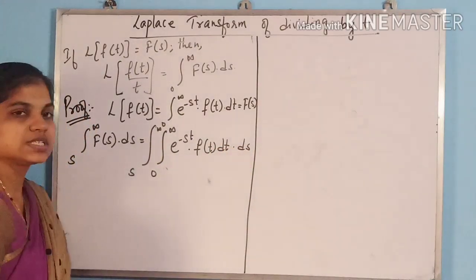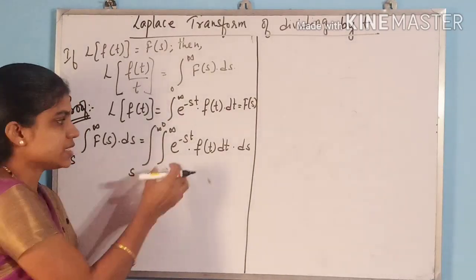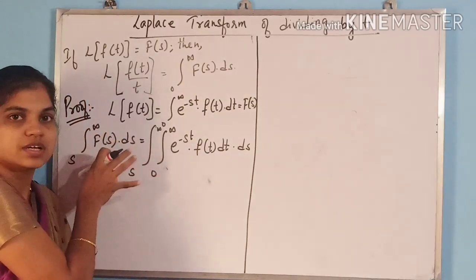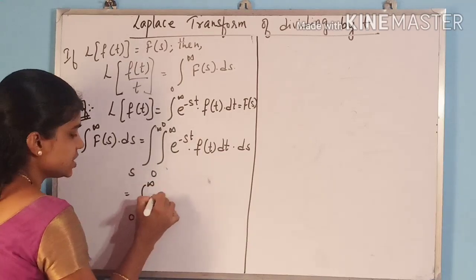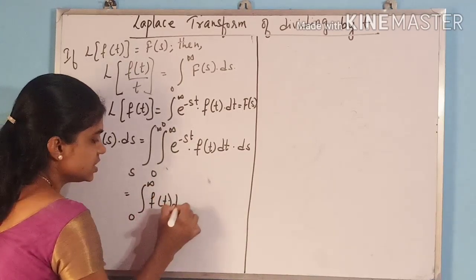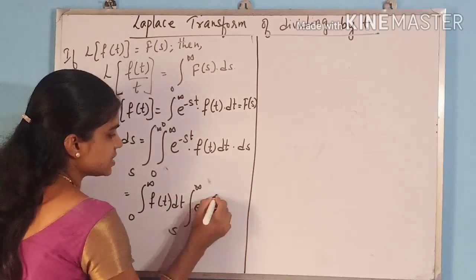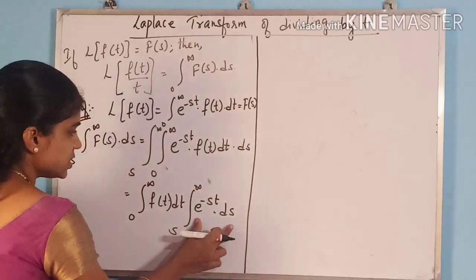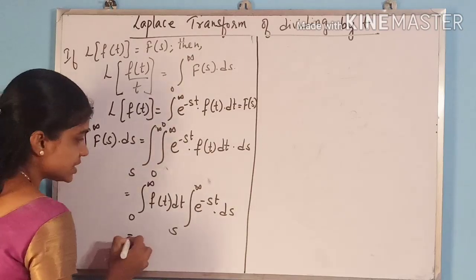Now what I'll do is, I'll apply this integration with respect to s to e raised to minus st, and f of t I'll bring outside. So I have integration 0 to infinity f of t dt, integration s to infinity e raised to minus st ds. Right? So what is integration of e raised to minus st with respect to s?